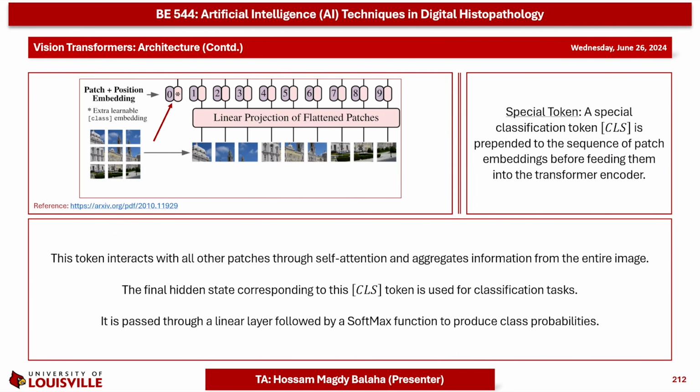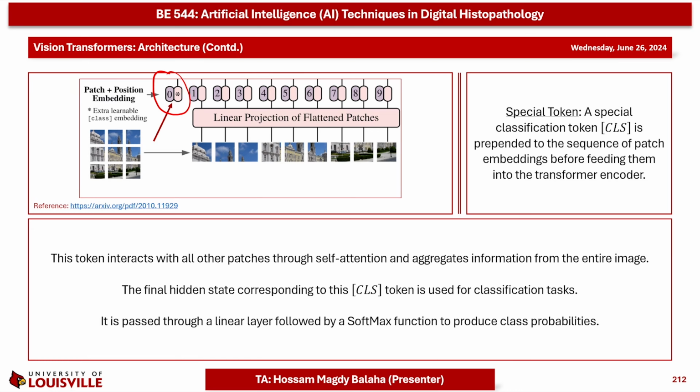After the division process and patch embedding, a special token is added, which is called a special classification token, or CLS. This token is prepended at the beginning of the sequence of batch embeddings before feeding them into the transformer encoder, which is the next step.